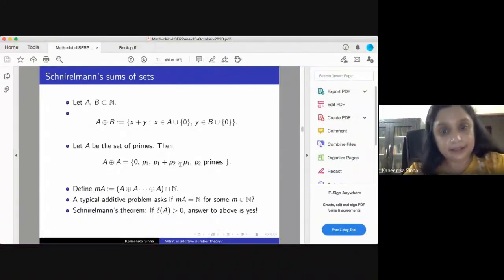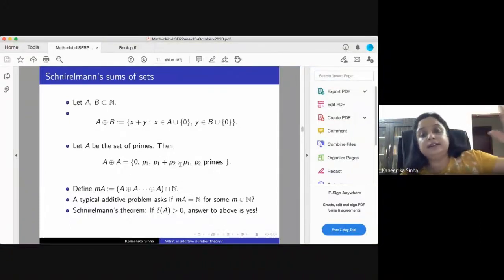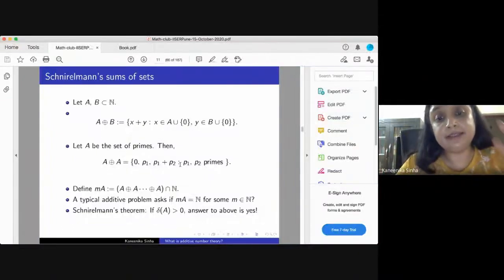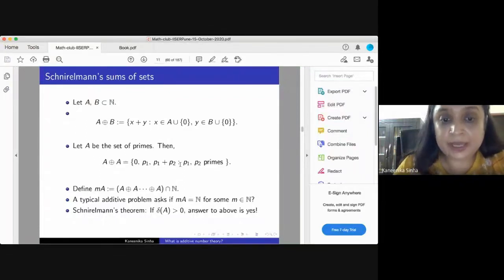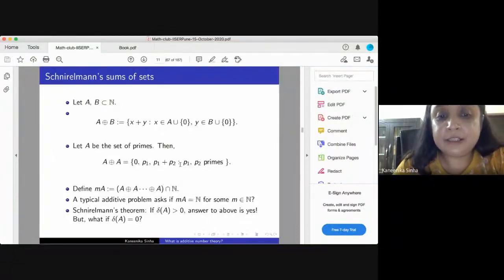A is sufficient to build the entire set of natural numbers additively, provided you are willing to add A to itself sufficiently many times. But if delta of A is equal to 0, then Schnirelmann's approach will fail. Then you have to think of a different way. On the other hand, if delta of A is equal to 0, it does not mean that you cannot find such an m. So the converse of Schnirelmann's theorem is not true.